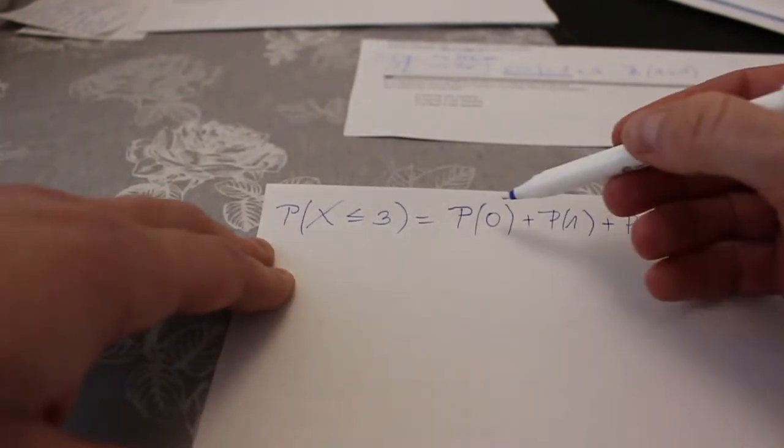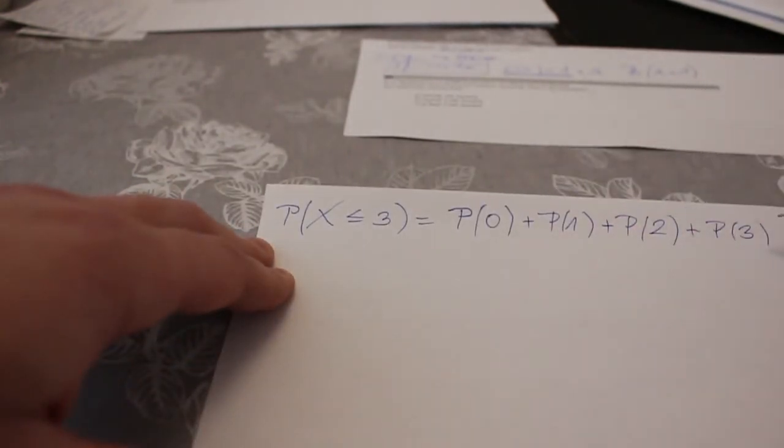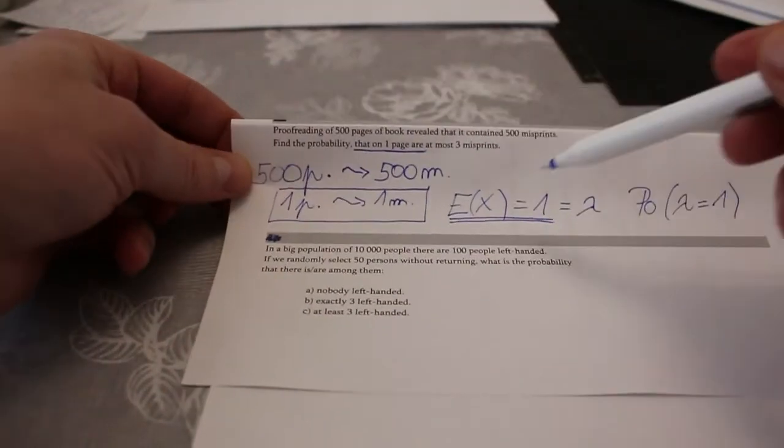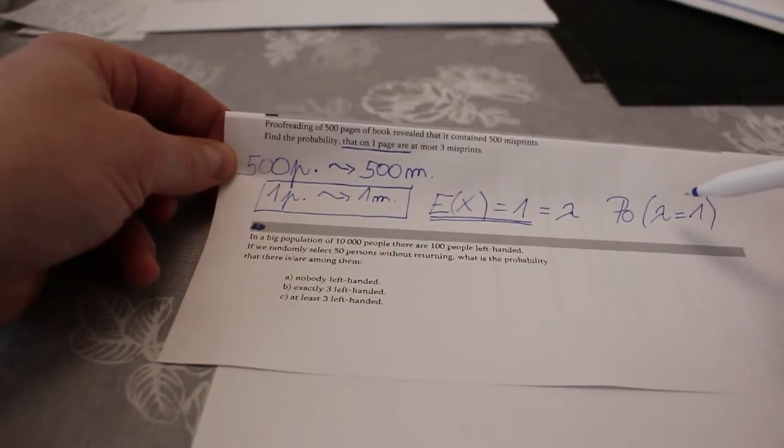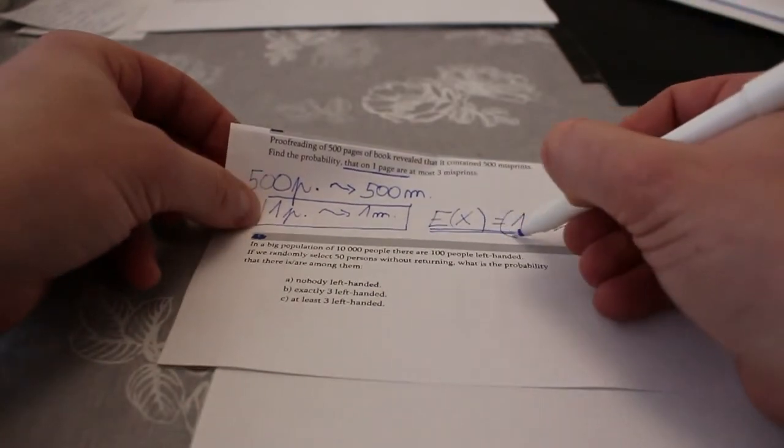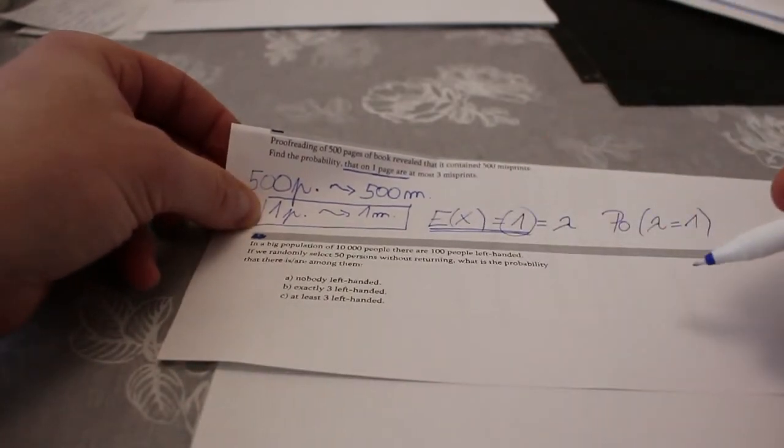So either 0 or 1 or 2 or 3, because this is again a Poisson distribution with parameter lambda equal to 1.